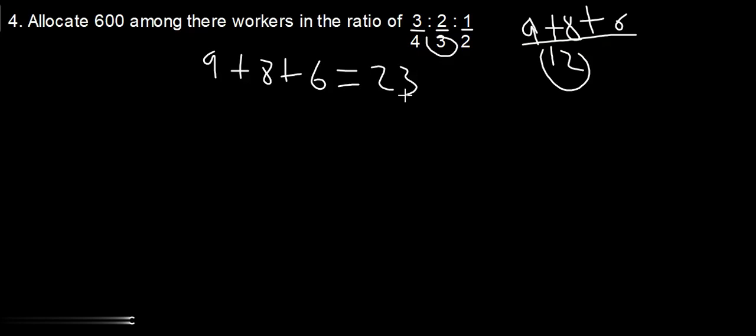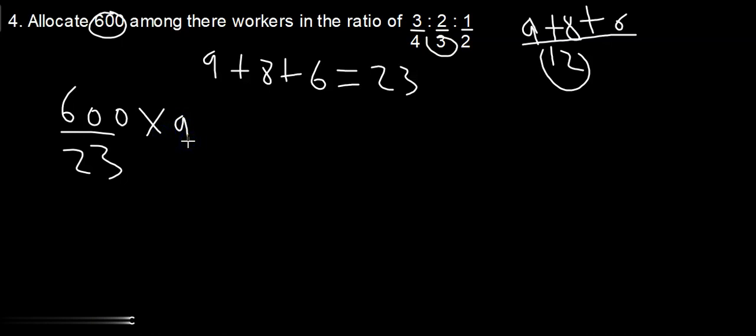Now that I have 23, my second step is dividing and multiplying. I have this 600 here, so I divide 600 by 23, but times 9. Just don't forget this one. I do the same thing with 8 and also 6.